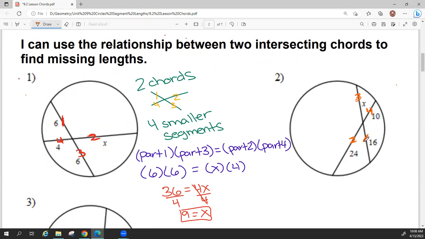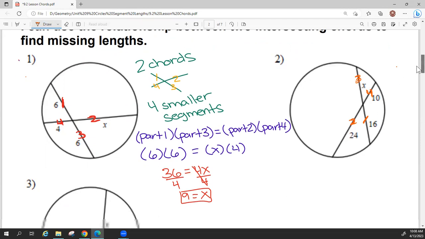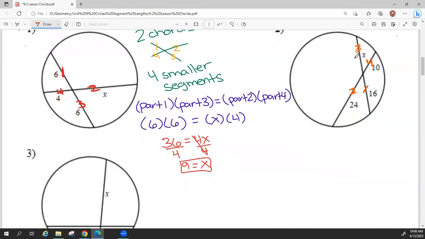I want to multiply the odd numbered parts by each other, and the even numbered parts by each other. So I might shorten this to P1 times P3 equals P2 times P4.